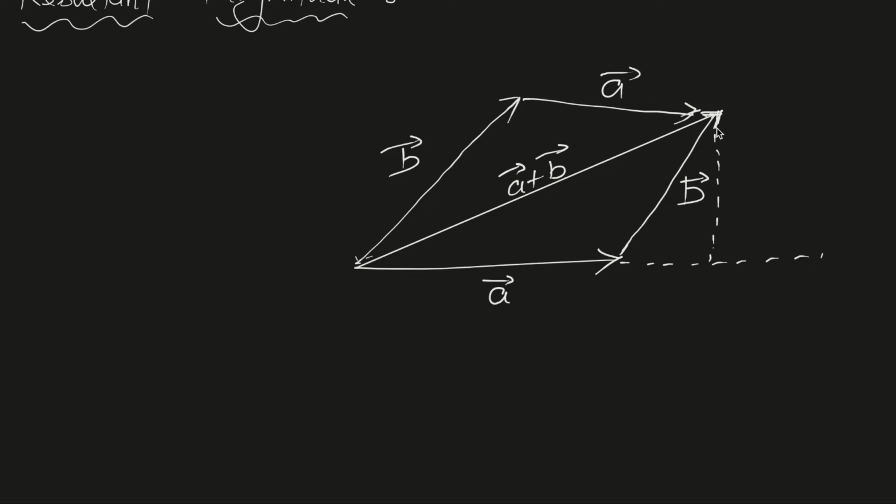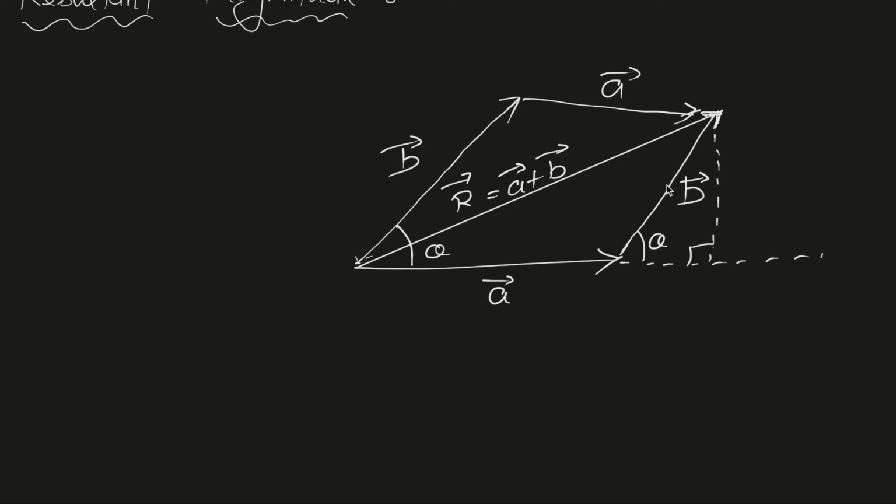I have put the perpendicular from the head of the b vector, and this is nothing but the r vector, the resultant vector. Let's suppose I take the angle theta between them.